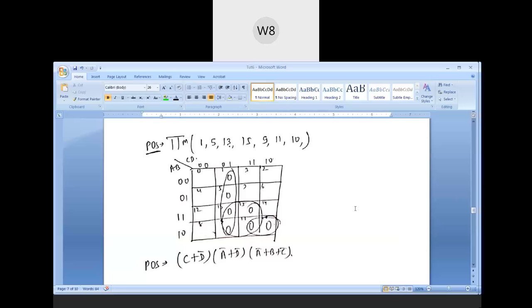So we again make the groups of 0 in 2 numbers, 4 numbers, and 8 numbers, and then try to eliminate the variables. But this time, the axiom which is exploited to eliminate the variable is x into x bar is equal to 0.